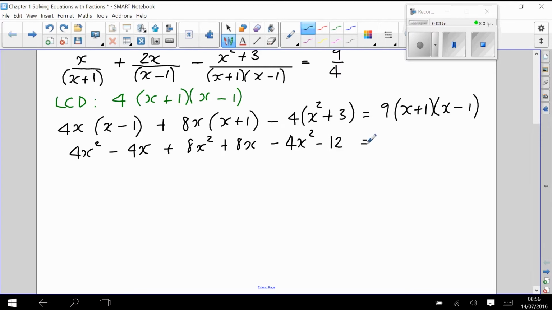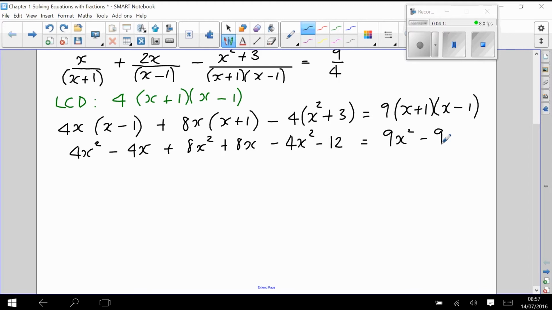And as I have three factors on the right-hand side, I first need to multiply my brackets, which would have given me x squared minus 1, and then times 9 into those terms, which gives me 9x squared minus 9. You can see that this looks like it's going to be a quadratic equation because I have got x squareds.